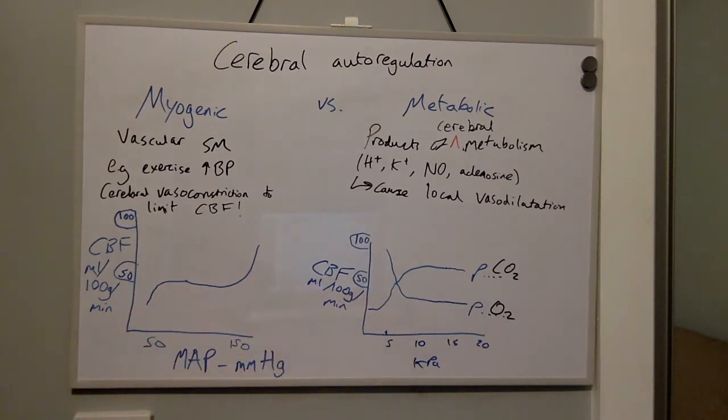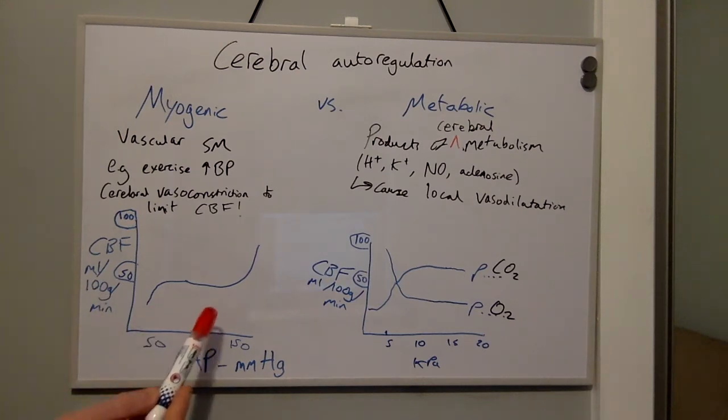These two diagrams here are common diagrams that we need to recognise. So this diagram here shows on the y-axis cerebral blood flow in mils per 100 grams of tissue per minute, and on the x-axis the mean arterial pressure. This is showing that between a mean arterial pressure of 50 and 150, cerebral blood flow can be maintained at 50 mils per 100 grams of tissue per minute.